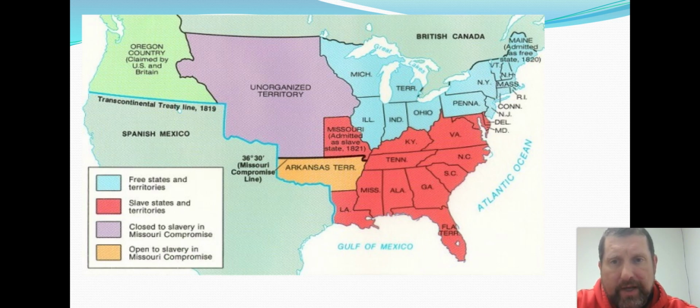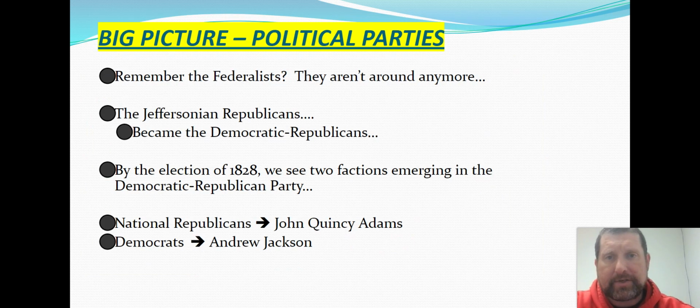So what they're saying essentially is that any new territories moving westward north of that line were to be free, in other words, were to be closed to slavery. And territories such as the Arkansas Territory, marked here on this map, are kind of open to the notion of slavery as America continues her westward expansion.